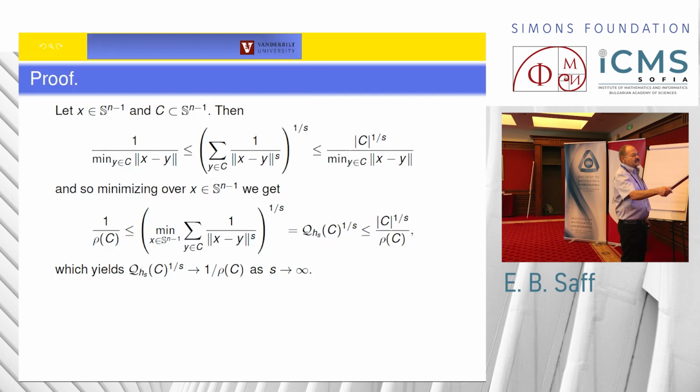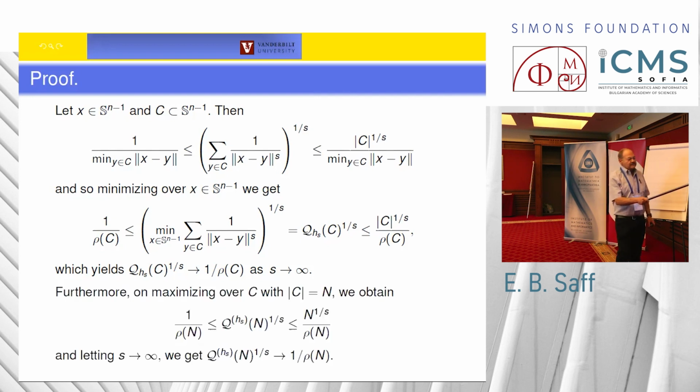And the minimum of this quantity is simply the cardinality of C to the 1 over s divided by, well, the minimum of this is the same as taking the maximum in the denominator, so it's like a 1 over max min, or this gives us the covering radius for the configuration C. So you let s go to infinity now, and you see that you get the desired result this way.